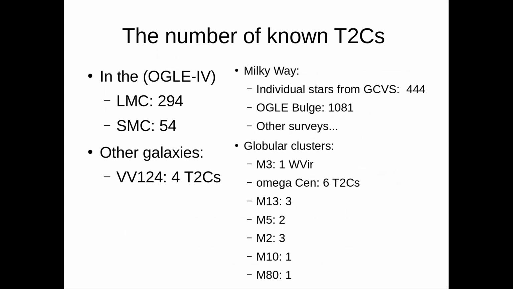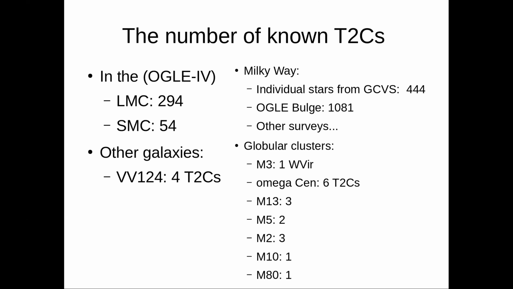In the Milky Way, one of the older catalogs was the General Catalogue of Variable Stars, where you can see that 444 are known. And if you look at the OGLE Bulge survey, there are already more than 1,000 in it. There are other surveys. I did not plot all of them here.